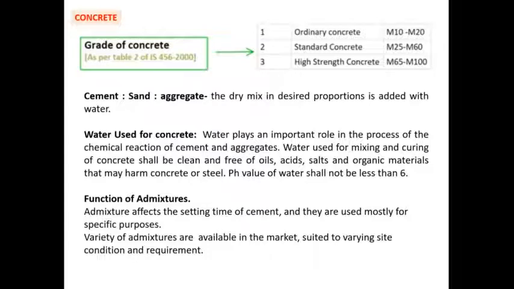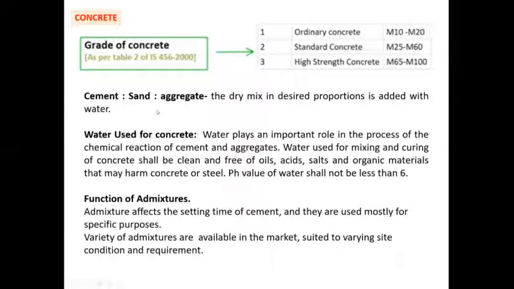Now we talk about dry mix. Dry mix is cement, sand and aggregate. Okay, the dry mix has to be in the desired proportion, otherwise it disturbs the overall chemical reaction which happens between cement, sand and water. Okay, so it has to be added in desired proportion.